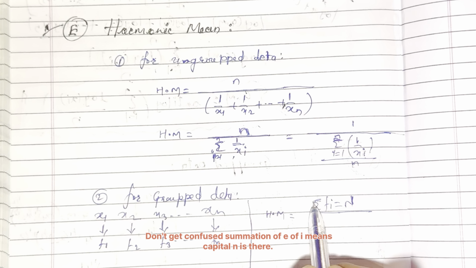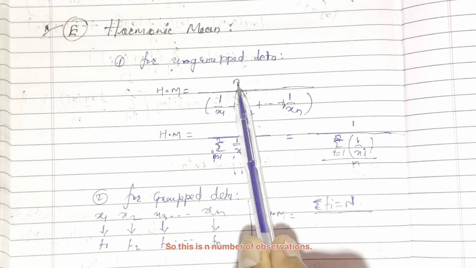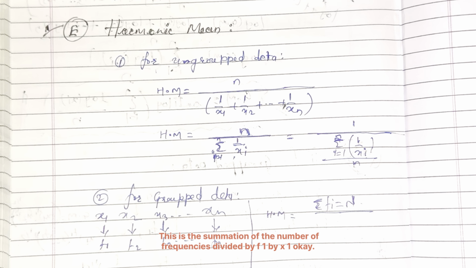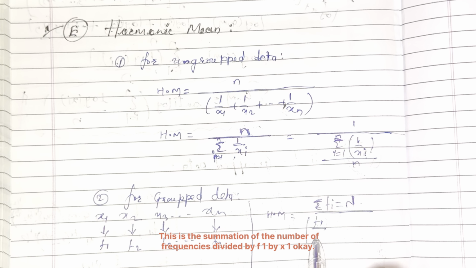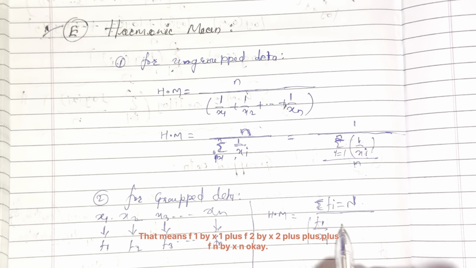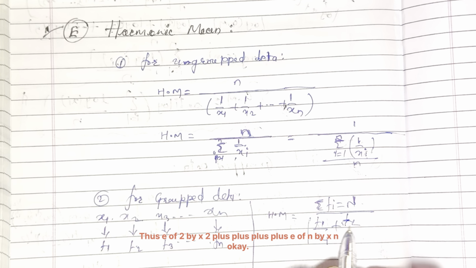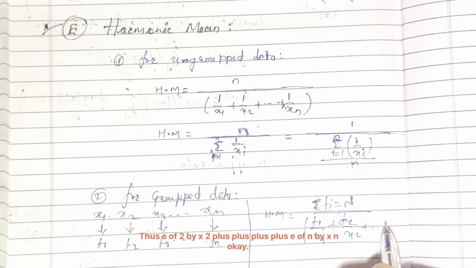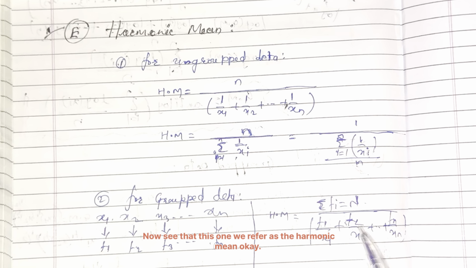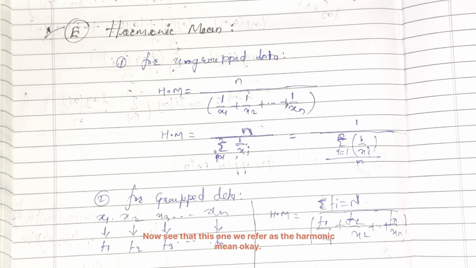Don't get confused, the summation of fi is capital N. So this is the total of n frequencies divided by f1 by x1 plus f2 by x2 plus up to fn by xn. This bracket is complete. This is what we refer to as the harmonic mean.